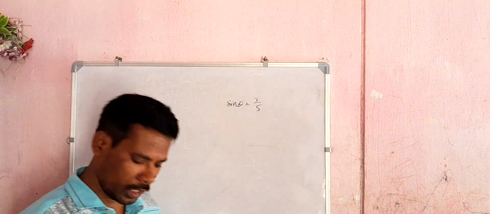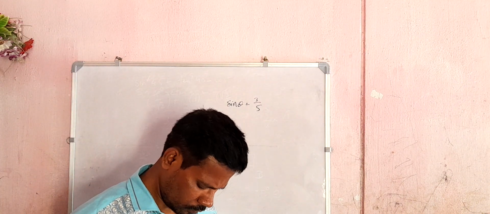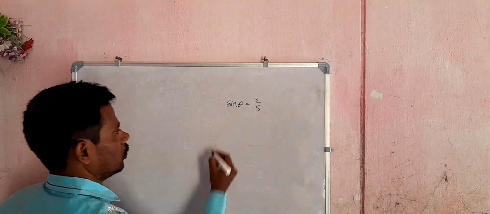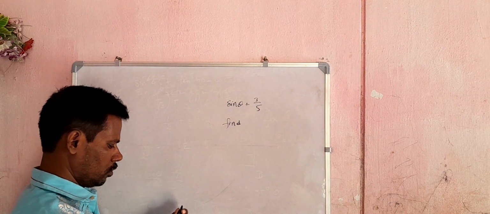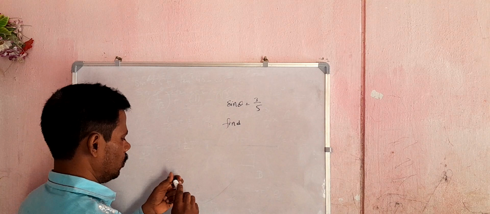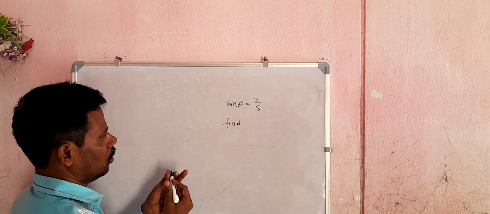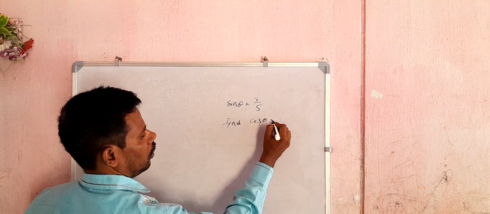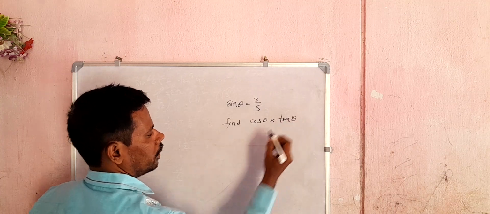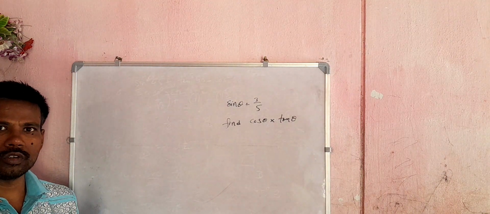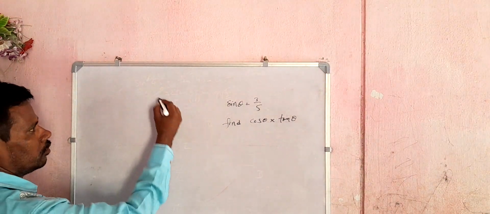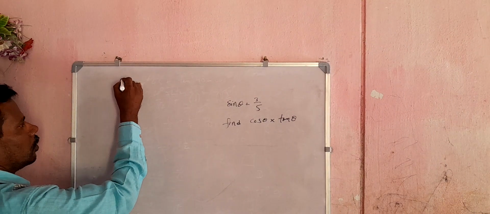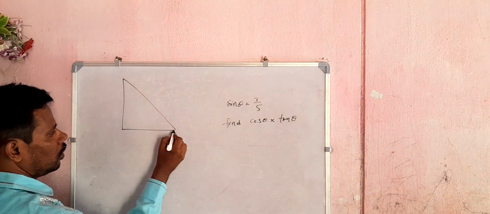Find cos theta into tan theta. How will you do this problem? Just make the Pythagoras theorem. Draw a right angle triangle.